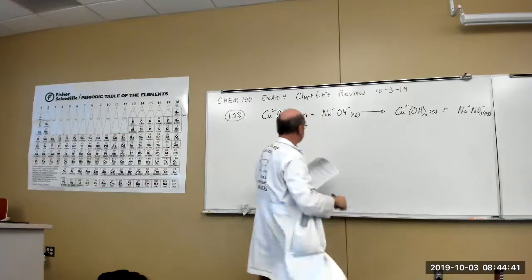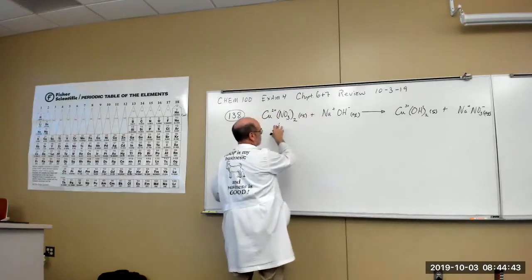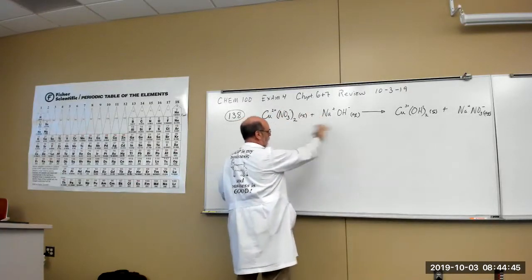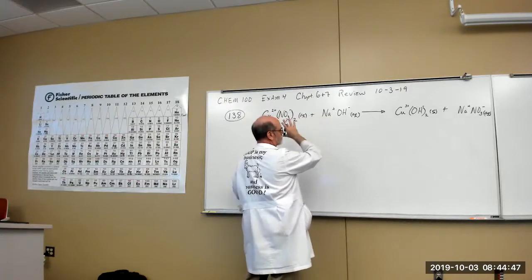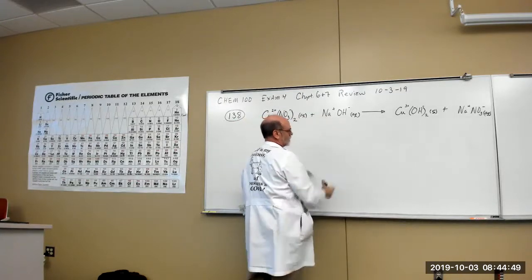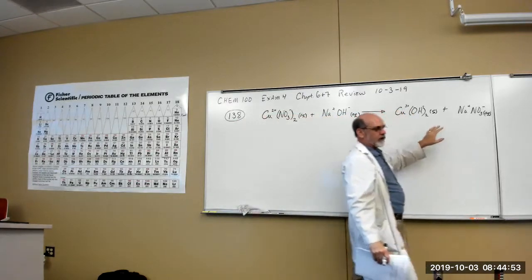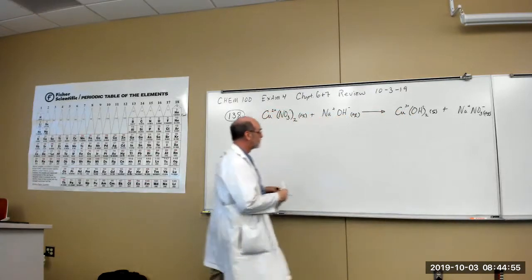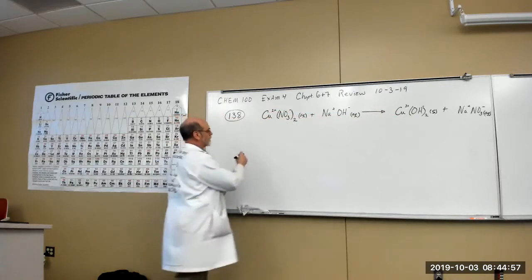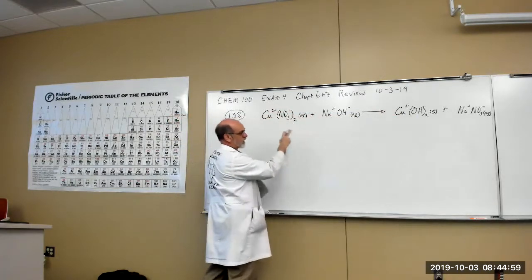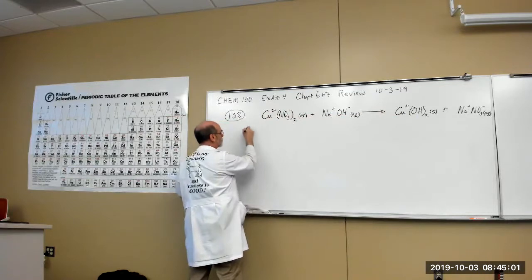Okay, so now we have our written starting form. We know what the reactants are. We know what the products are. Now we just have to balance it. So we have polyatomics that don't change, so we can keep them together.